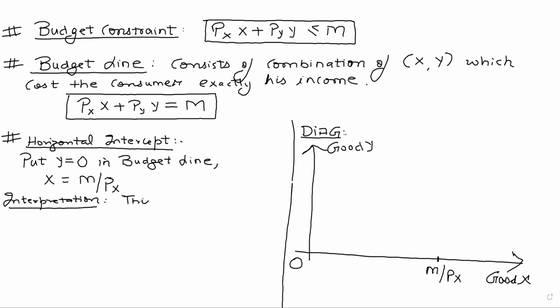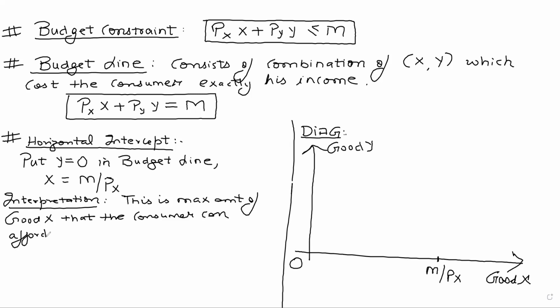This is the maximum amount of good X that the consumer can afford to consume given his income and prices. Okay, this is how we calculate the horizontal intercept.